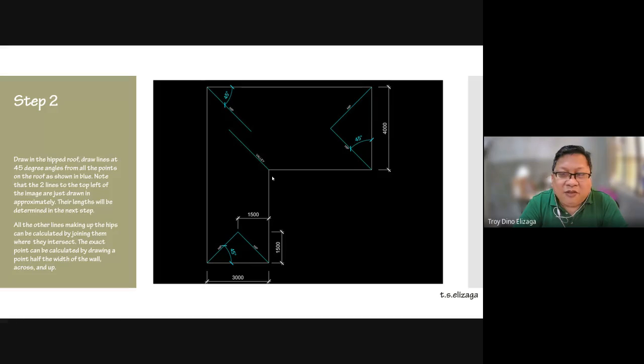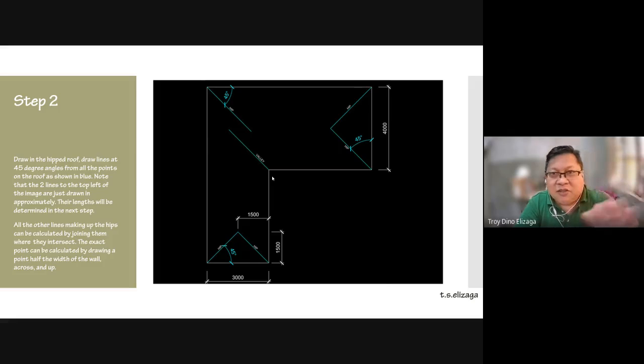So first, what we do is we draw 45-degree angles or lines from the corners. Okay. Draw in the hip roof, draw lines at 45-degree angles from the points on the roof as shown in blue. Note that the two lines to the top left of the image are just drawn in. Okay, so it's not completed.